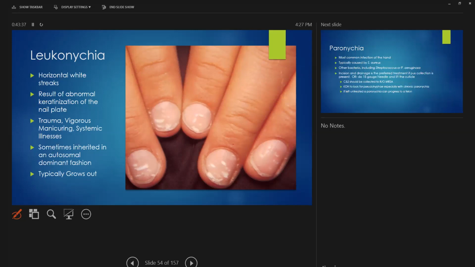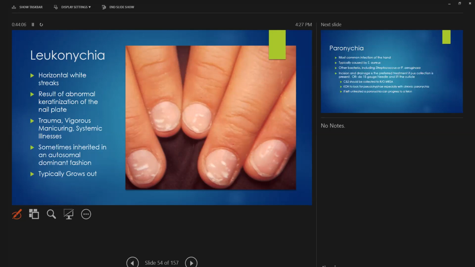So leukonychia, so these are just these little horizontal white streaks caused by abnormal keratinization of the nail plate. Can also be secondary to trauma, manicuring, systemic illness. There are some autosomal dominant problems that we can see, and they typically just grow out. So usually these aren't a problem, but you'll see them from time to time.